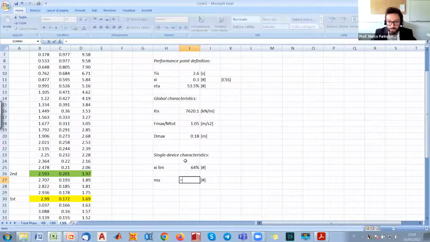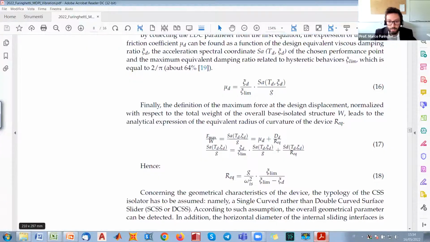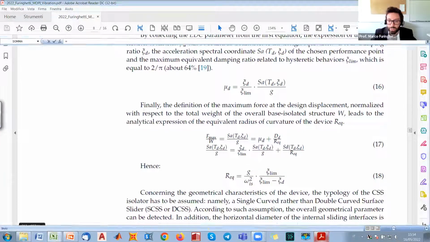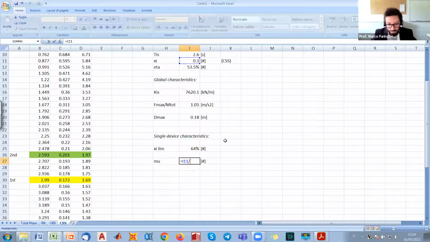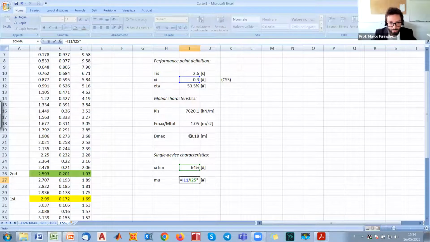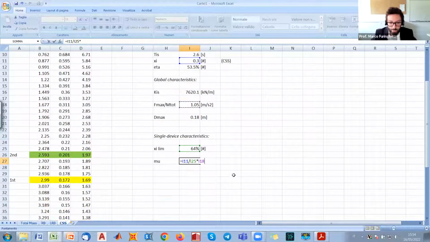So this is the ratio between the design value of damping ratio, Xi, divided by Xi limit, times the normalized force, which is this one, divided by the gravity acceleration, and that's it.